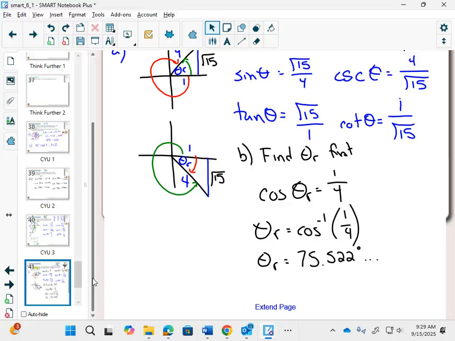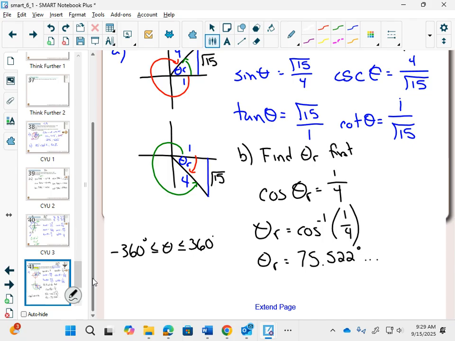Now in the domain, they wrote the domain like this, which means from negative 360 degrees to 360 degrees. When you're thinking about angles in standard position, they always start at 0. They always start at your positive x-axis.